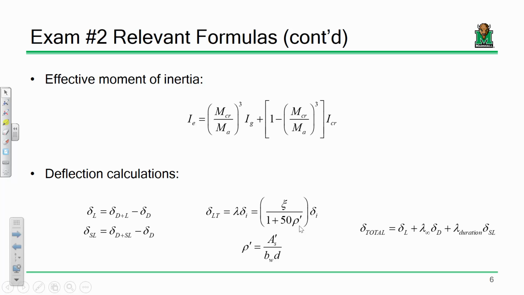This is what you're wanting to do, right? You're wanting to turn it into a distributed load. Okay? Again, 20 foot long. What are the reactions?